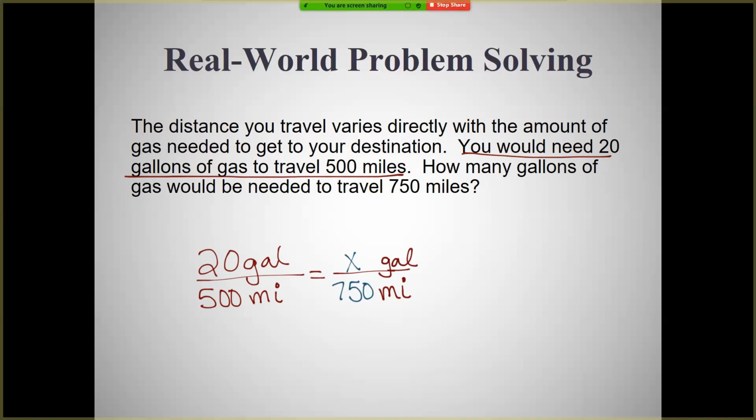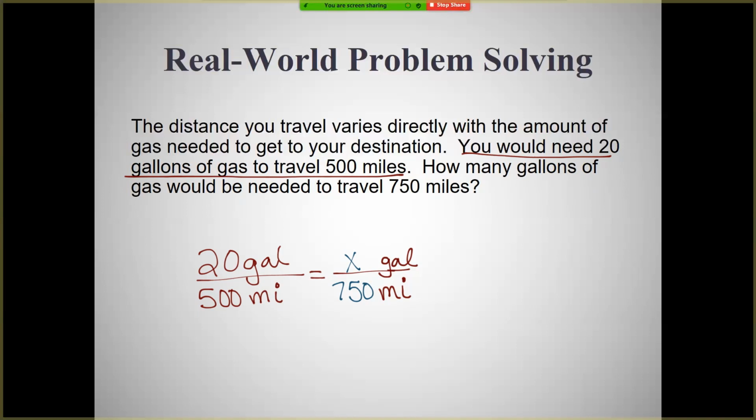So hopefully you said 20 gallons divided by 500 miles equals X gallons divided by 750 miles. If you flip both the fractions, you put miles on top, gallons on bottom, as long as you did it for both fractions, everything will work out just fine.